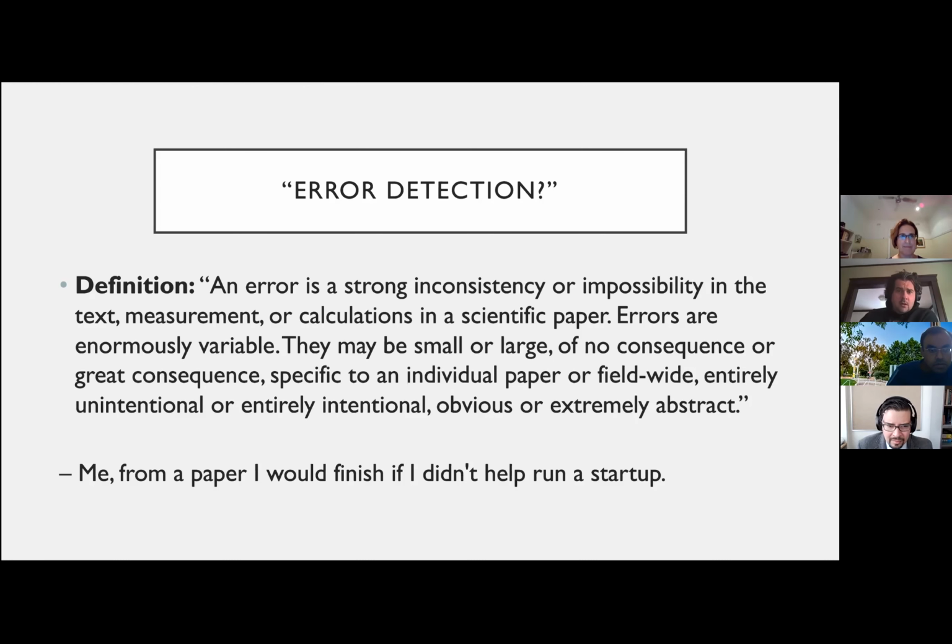What is an error? Strong inconsistency or impossibility within the contents of a scientific paper. Beyond that, it's incredibly variable. But the ones that I primarily deal with are computational. So what you're about to see is not maths that will shake you to your core due to its complexity. It's the exact opposite.